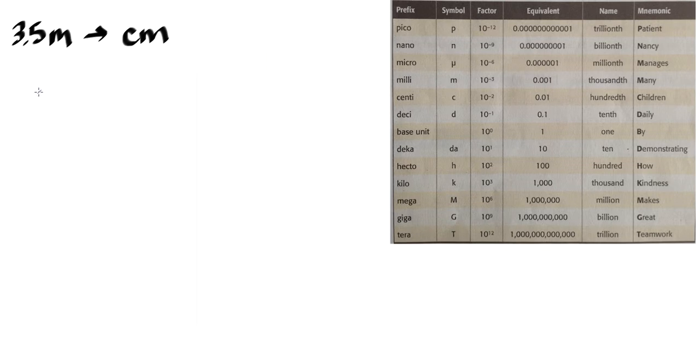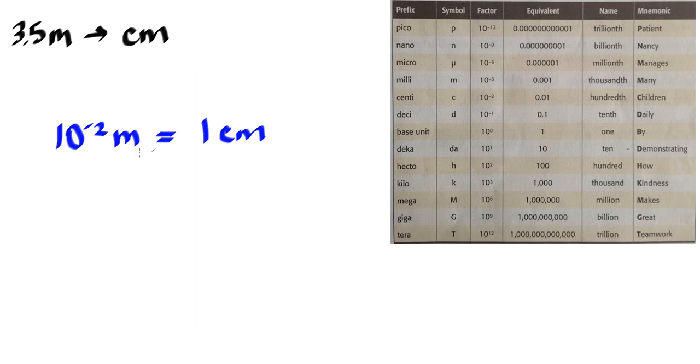So what this table is really telling you is that there are 10 to the negative 2 meters in 1 centimeter. That is how this table is actually supposed to be read. So I would say 10 to the negative 2 meters in 1 centimeter. Okay, that is often confusing.